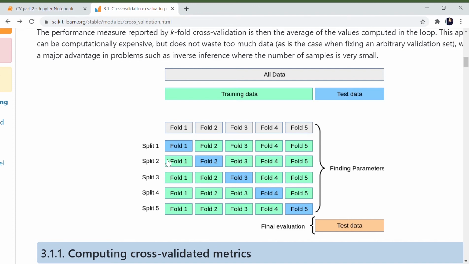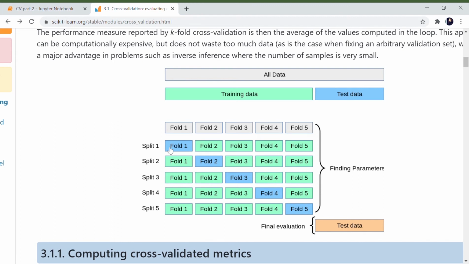Then in the second split, or the second loop, or whatever you want to call it, we hold out the second fold, and we train the model on the other 4 folds. So all the green folds are used for training, and the second fold is used for testing, and we get another mean squared error. Then we repeat this for all the 5 folds.